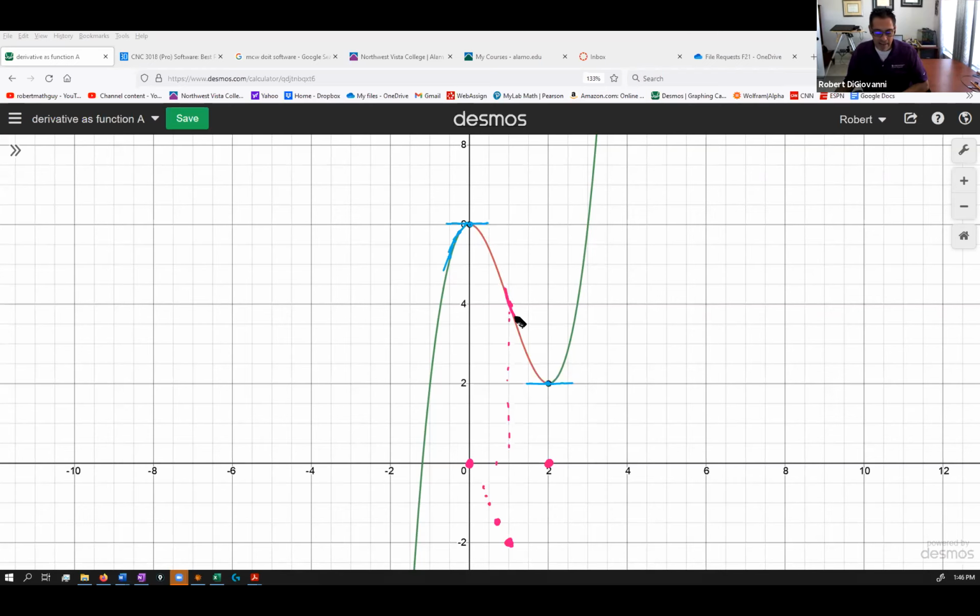And you could make the same argument on this side that you still have negative numbers, but they're becoming less steep. So they're becoming smaller. And so what you get is something that looks like this. Questions?